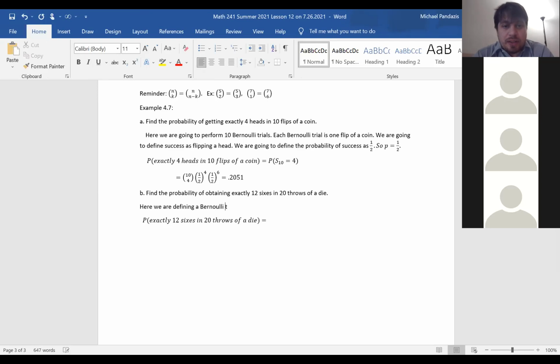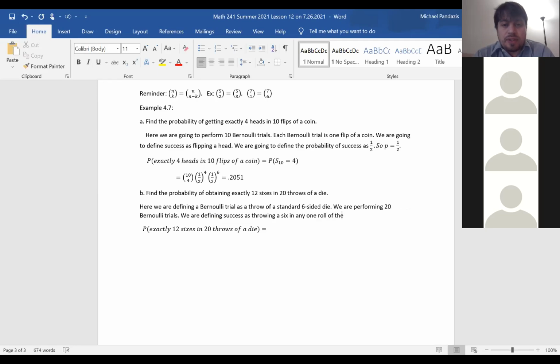So here we are defining a Bernoulli trial as a throw of a standard 6-sided die. We are performing 20 Bernoulli trials. We are defining success as throwing a 6 in any one roll of the die.